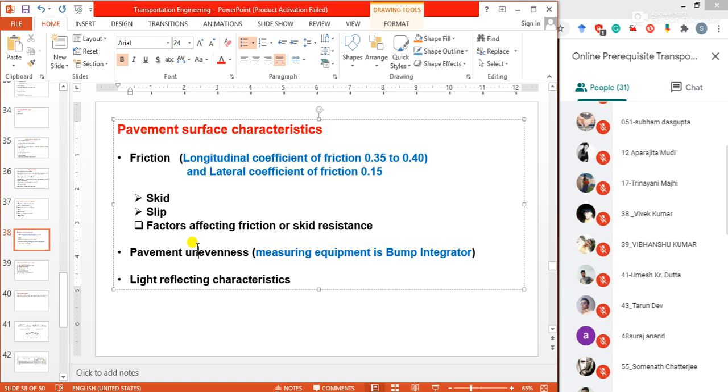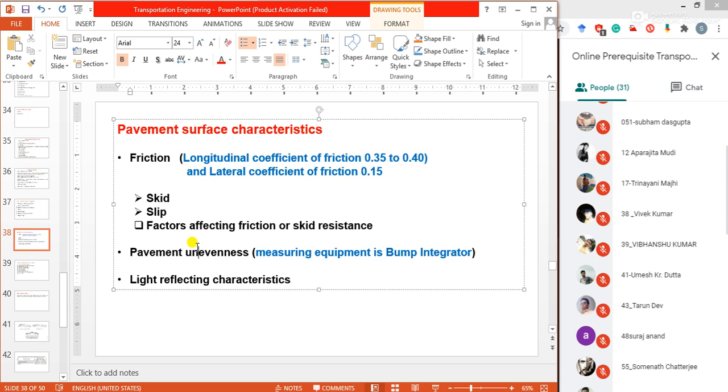Counter-attracting force is generated due to friction between the tire and the pavement surface, as well as the super elevation provided on the curve. You may have some idea of super elevation from your physics in class 12, but one chapter is totally covered by super elevation, so it will come later.